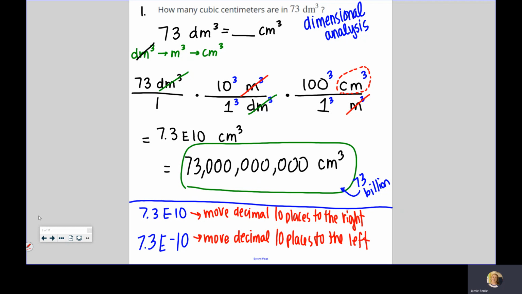So this would be a really small number, something really close to 0. And then the top one would be a really big number. So the sign on the number after E, whether it's positive or negative, tells you if you should move it to the right or to the left. You will not have answers this big on the test.